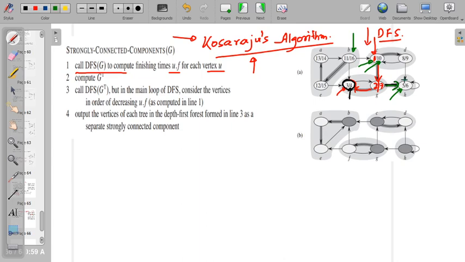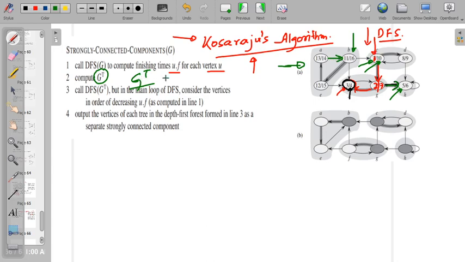Then what we have to do is compute this G transpose. Now what is the meaning of G transpose? This is the original graph. In the original graph, if this is a forward direction, we are having a path.